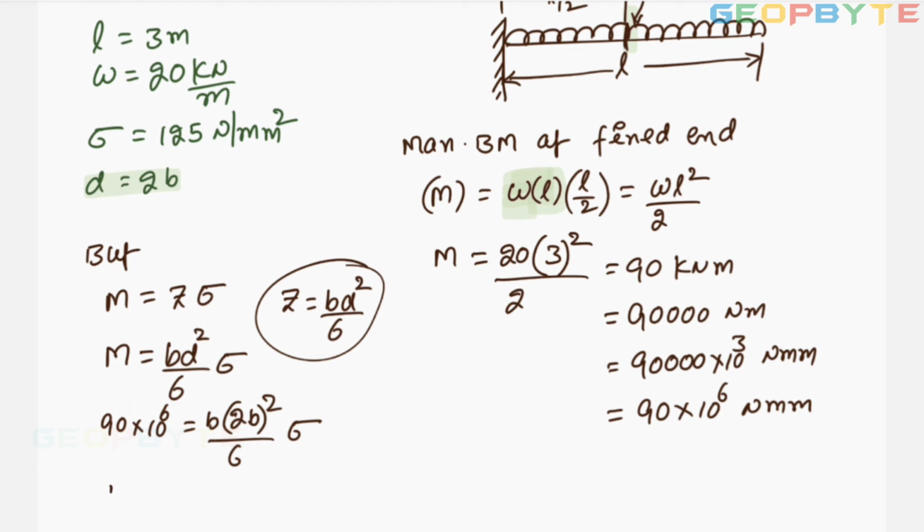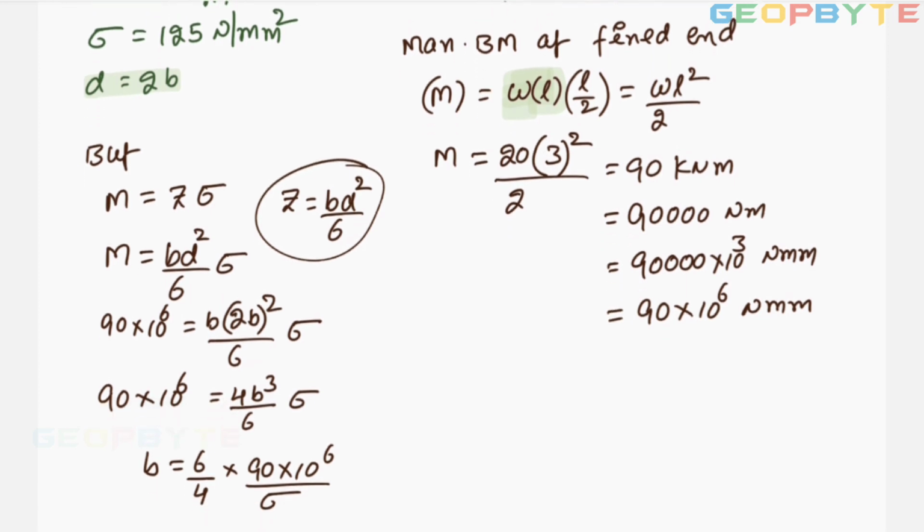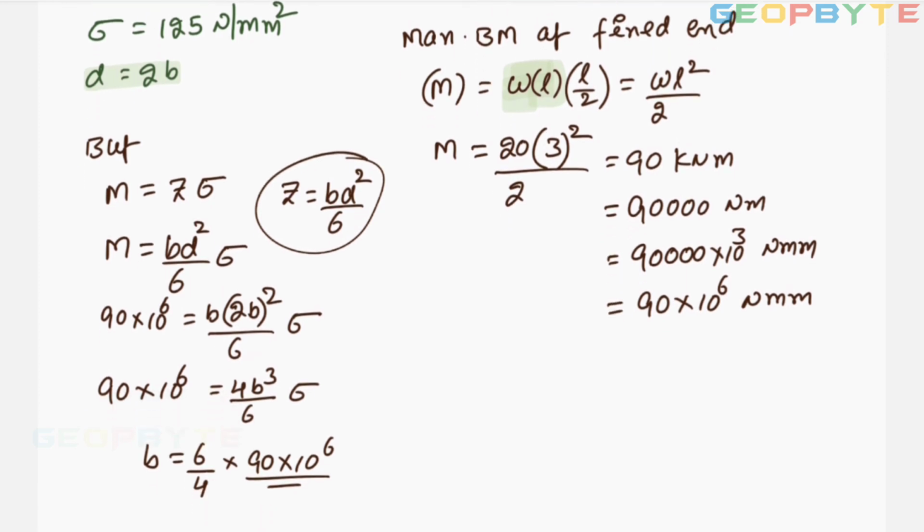It is equal to 90 into 10 power 6 is equal to 4b cube by 6 into sigma. From this you find the width. b cube equals 6 by 4 into 90 into 10 power 6 divided by sigma. What is the sigma? 125. Let us write the sigma value, 125.